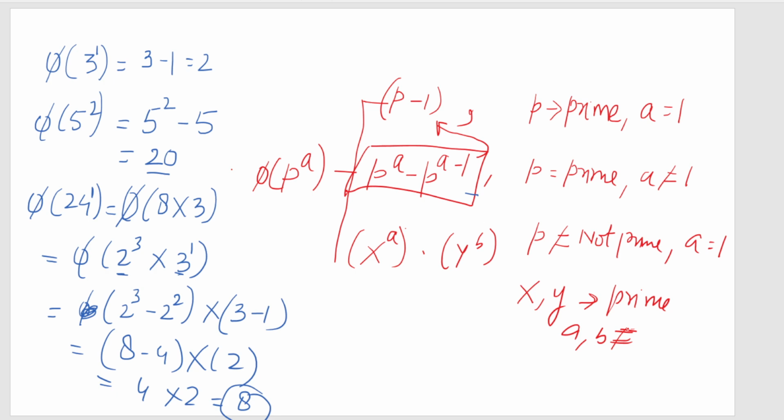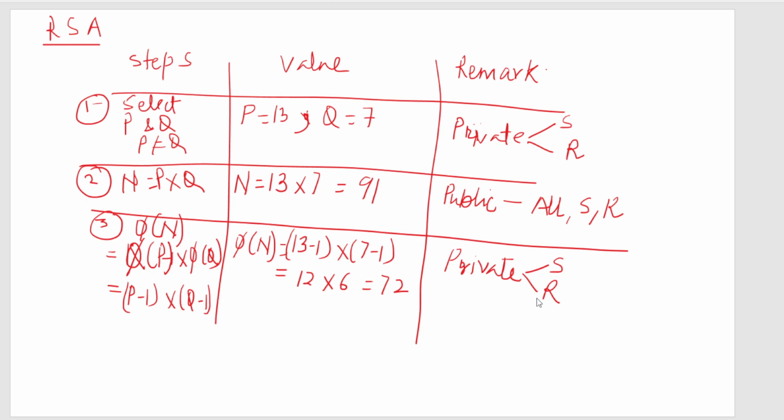You can't say anything about that, but x and y should be prime. So we will use this formula of phi for calculating this. With the help of that formula, we know 13 is a prime number and 7 is a prime number, and both are raised to the power 1. That's why we use 13 minus 1 and 7 minus 1. So I hope this is clear now.